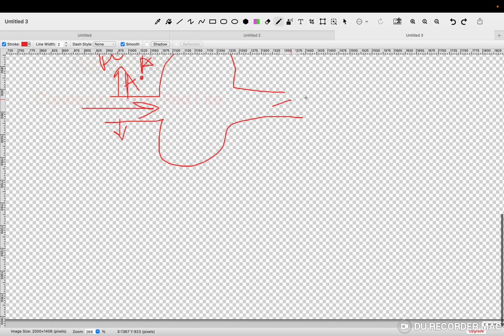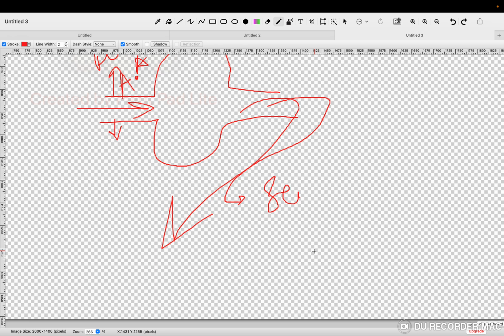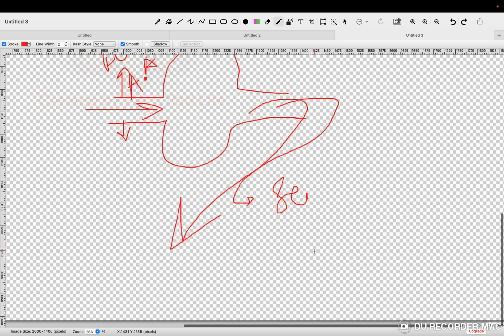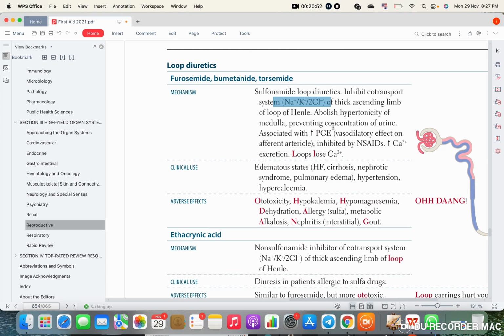So basically there will be more fluid delivered to the kidney, yes? More fluid to the kidney, will that lead to more diuresis or less diuresis? Yes, more diuresis, more urine, exactly. Which is exactly what we want.